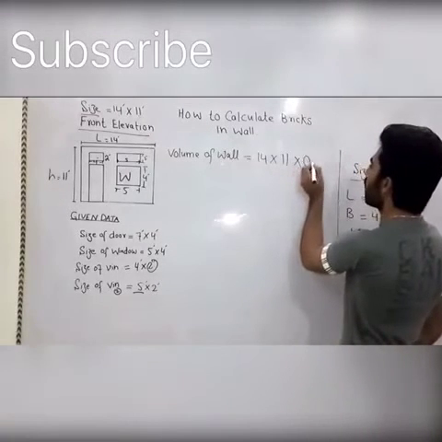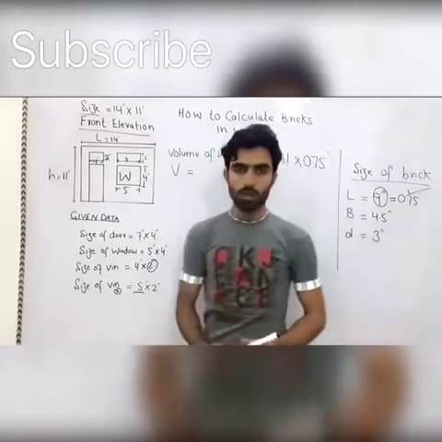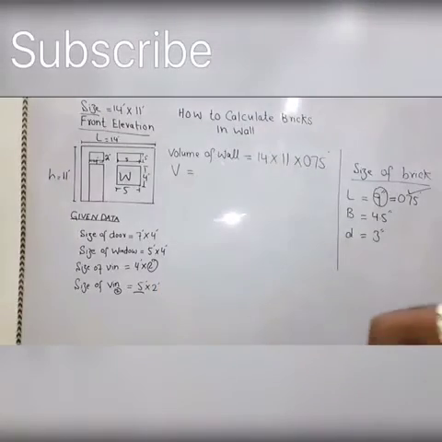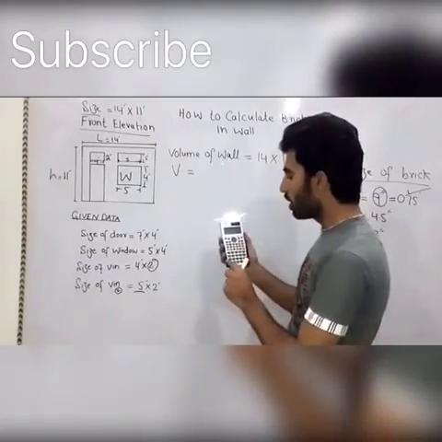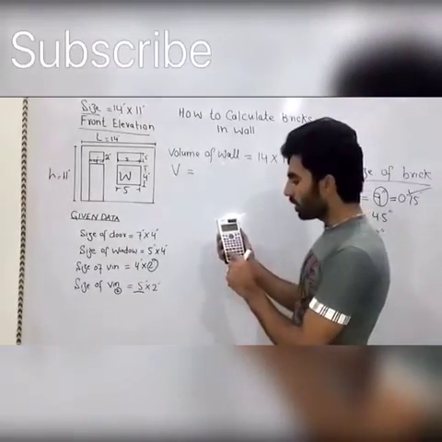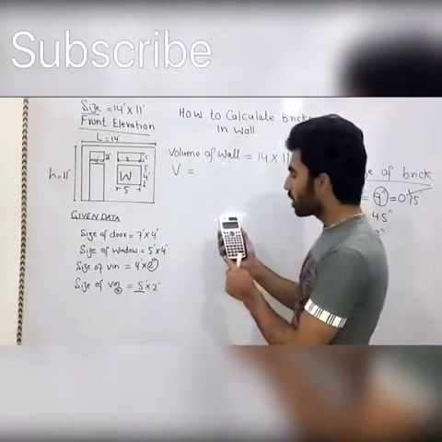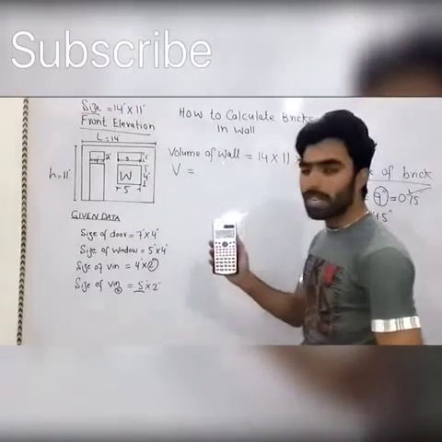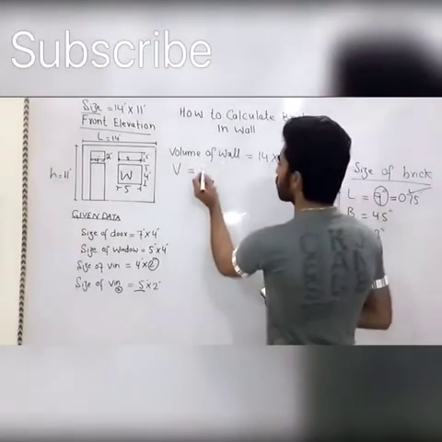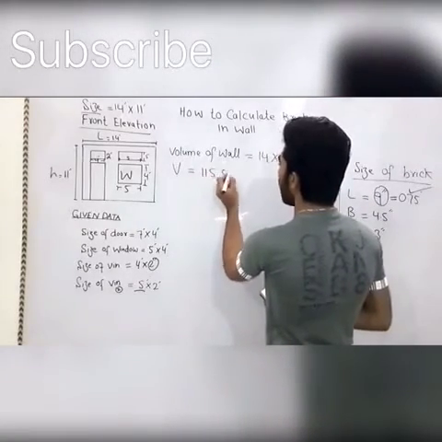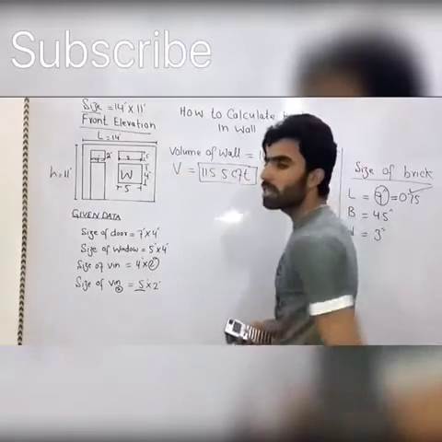You can use a calculator here. 14 feet multiplied by 11 feet multiplied by 0.75 feet gives the answer 115.5 cubic feet. This is the volume for this section.